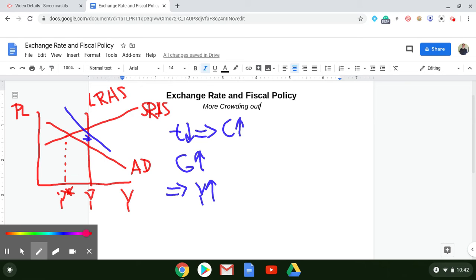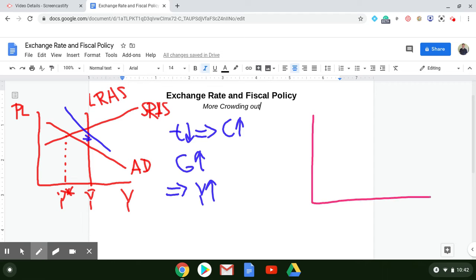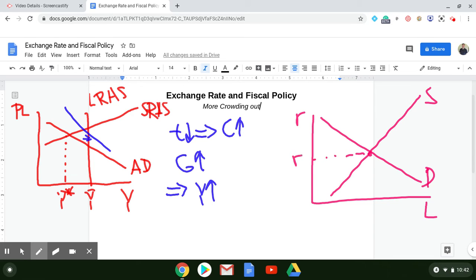If you guys remember, here's our loanable funds market. Here's our quantity of loanable funds and real interest rates. This is our demand for loanable funds, or our investors, versus the supply of loanable funds, which is our savers or the national savings. We have some sort of interest rate.